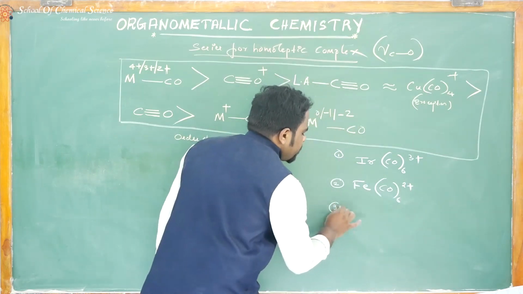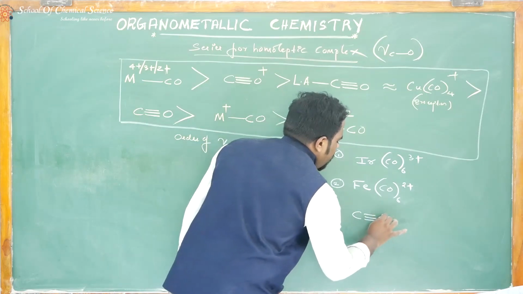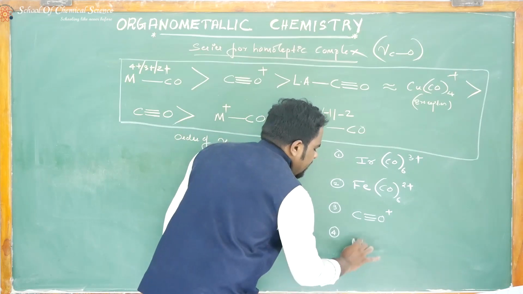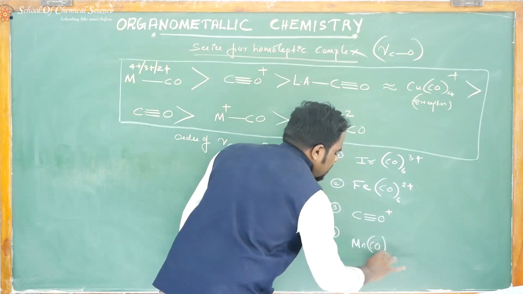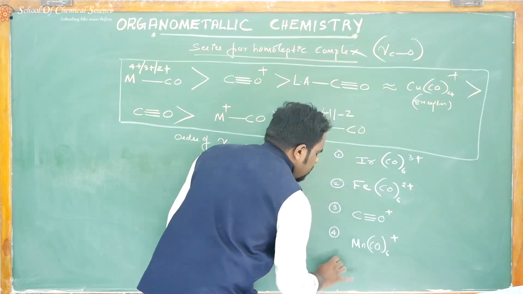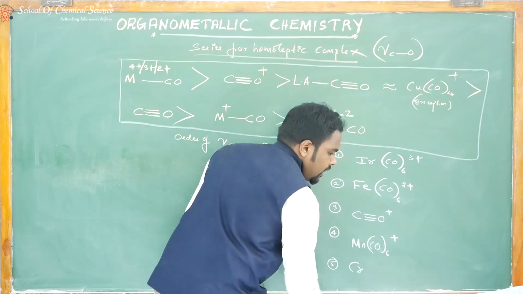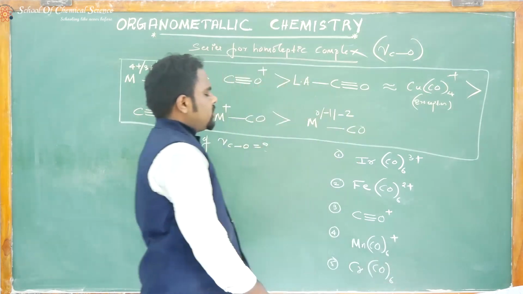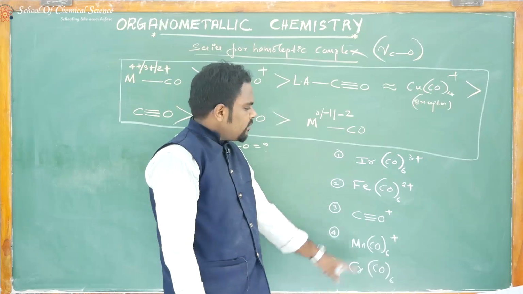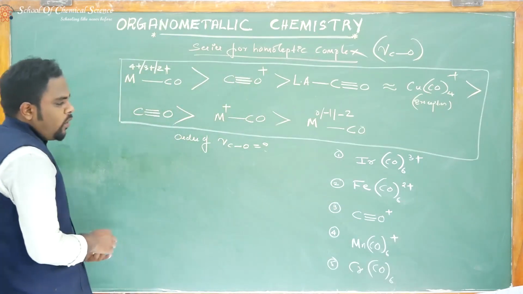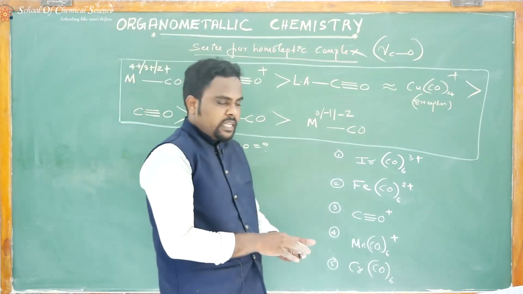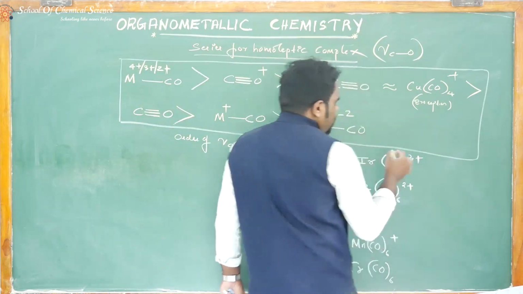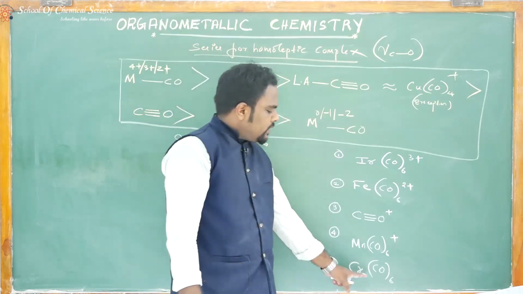Then third one, C triple bond O plus. Fourth one, MnCO6 plus. Fifth one, CrCO6. All these are hexacarbonyl. Then you have to account the oxidation state. Please listen. Here 3 plus charge, here 2 plus charge, here 1 plus charge, here 0 charge.